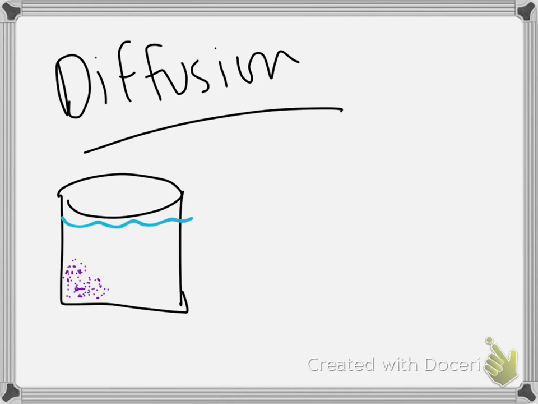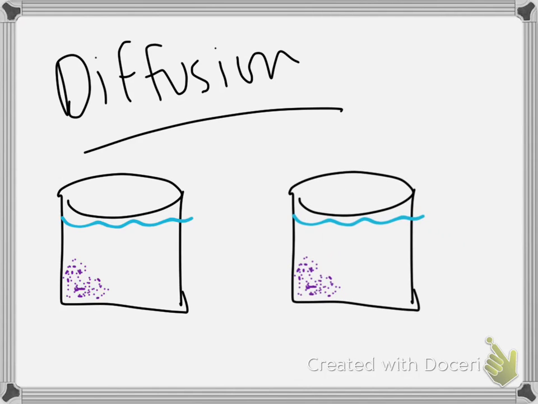And eventually, if I come back in a little while, those particles are going to be all over the place, sort of evenly distributed. That's diffusion. So they moved from an area of high concentration, which was that one corner, to an area of low concentration, which was all the rest of the material in that beaker. And now they're kind of evenly distributed. They're still randomly moving, because particles are always in motion, unless they're at absolute zero. So they're still moving, but now they're all spread out evenly.